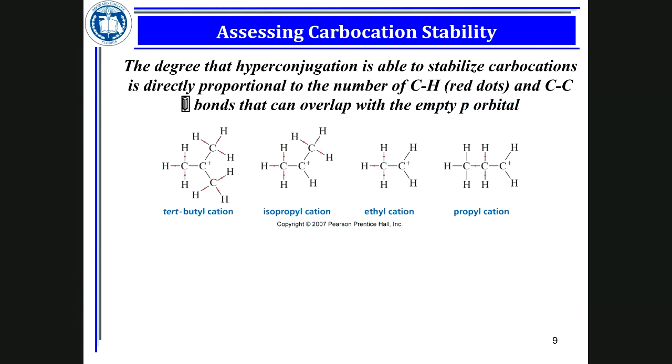If you have a tertiary or a secondary, with groups on the carbocation of the same order but different alkyl sizes attached, then you want to know which one is going to be more stable.